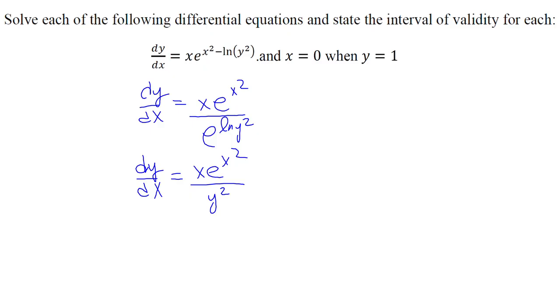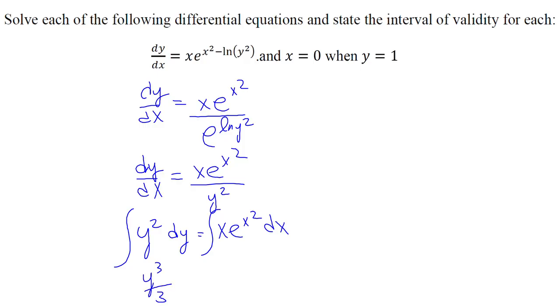And so now we can separate the variables, giving us y squared dy is equal to x e to the x squared dx. We'll integrate both sides, giving us y cubed over 3 plus some constant, which again we ignore because it can just be flipped over to the other side.